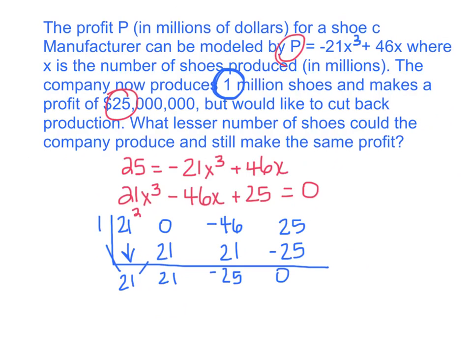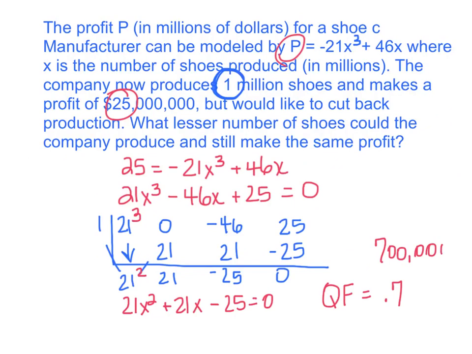So since I started with a cubic, this now is a squared, so I have 21x squared plus 21x minus 25 equals 0, and I'm going to have to use the quadratic formula, and I get an answer of 0.7, which would be 700,000 shoes.